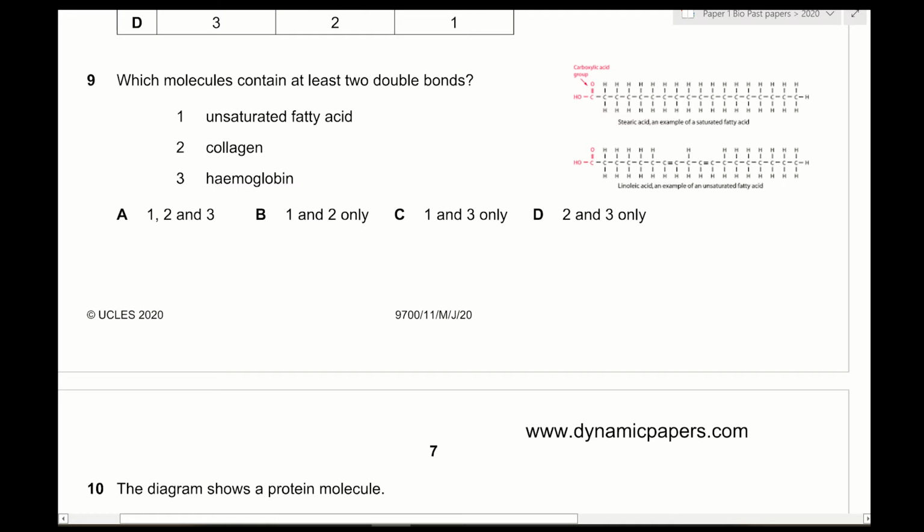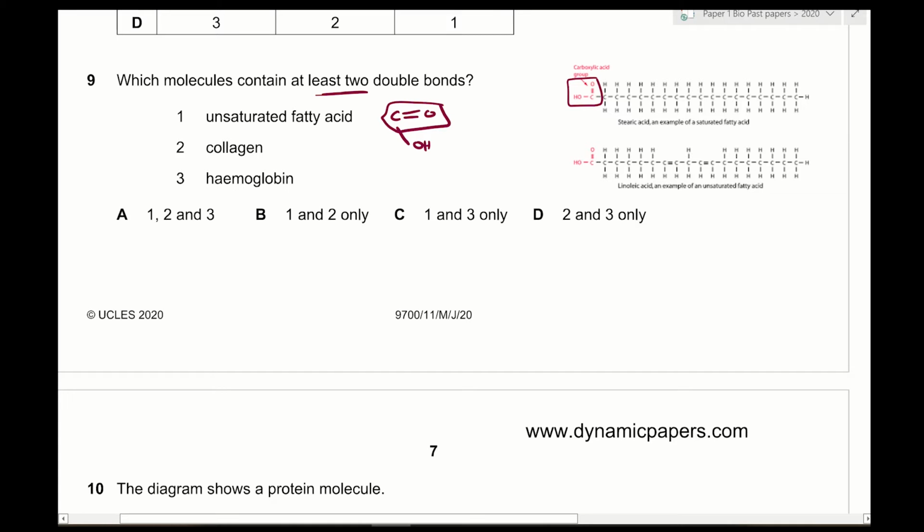Which molecules contain at least 2 double bonds? Now, let's start with 1, unsaturated fatty acids. Here it's asking for at least 2 double bonds. We know that all acids have a carboxylic acid group, and a carboxylic acid group has a double bond present.